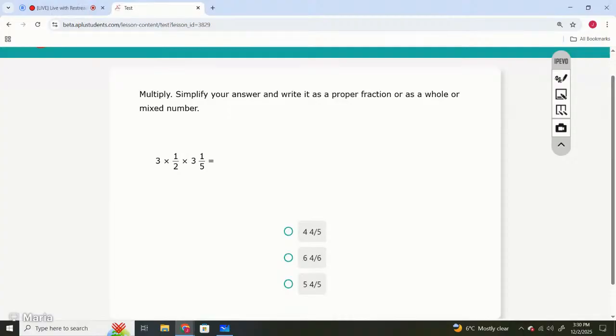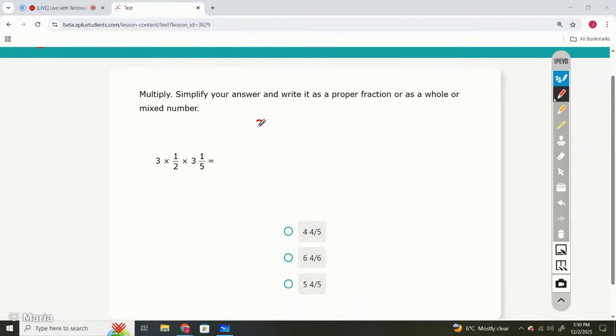So let's just convert the mixed number to improper fraction. 5 times 3 is 15 and 1, 16 by 5. So multiply all the numerators and all the denominators. 3 times 1 is 3, and 16 times 3 is 48. And 5 times 2 is 10.